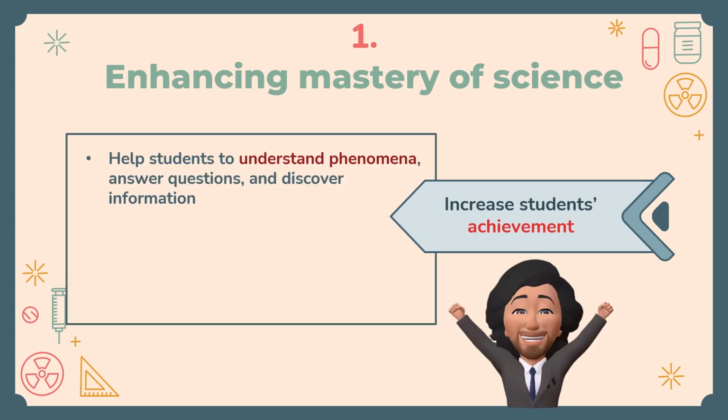By experimenting, students can get a better understanding of phenomena around them, answer questions on mysteries of the universe, and lastly, discover authentic information from reliable, authorized sources. Then, students will be encouraged to ponder about everything that happens around them, like why is the leaf's color green?